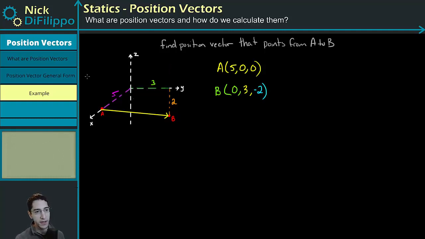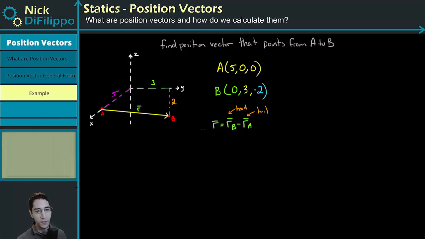Now let's label this position vector r right here. So r is going to be my position vector of B minus my position vector of A. And this just happens to be the same equation. This is where my head is, the point of the head. This is the point of the tail.